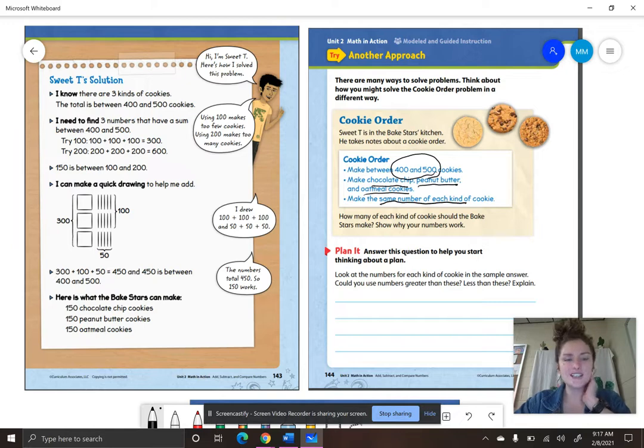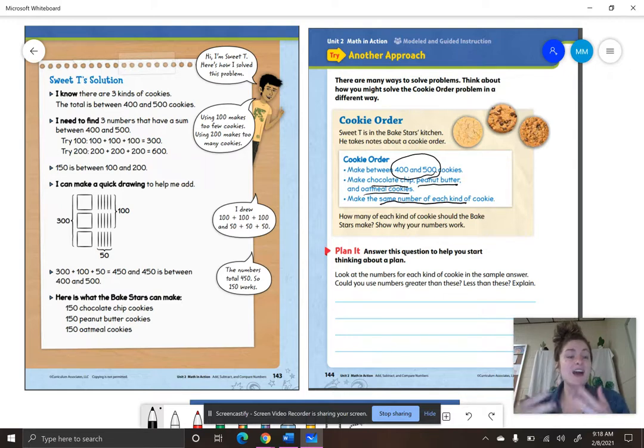So Sweet Tea says that 150 is between 100 and 200. So Sweet Tea drew 300s, and then he added 50 for each type. So 150 chocolate chip, 150 peanut butter, and 150 oatmeal.